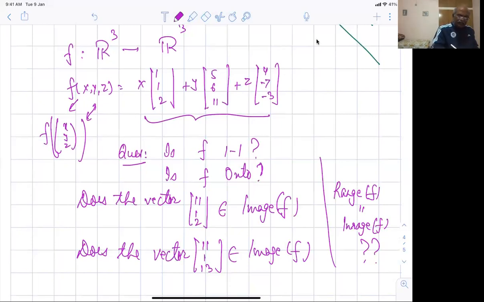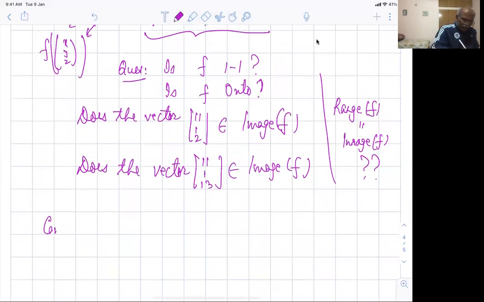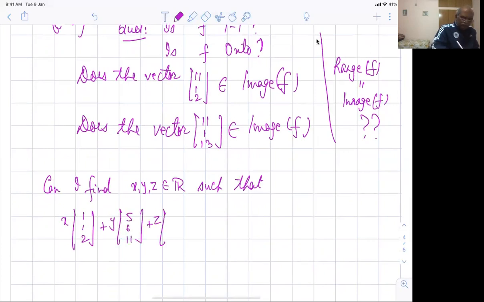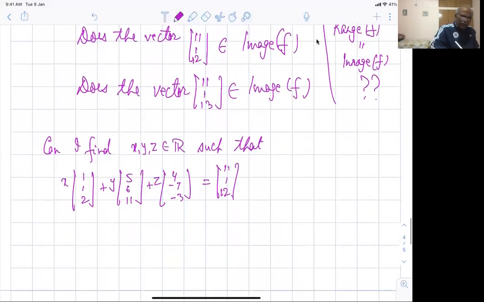If I'm asking whether this vector belongs to the image, it means: can I find x, y, z belonging to R such that x times (1, 1, 2) plus y times (5, 6, 11) plus z times (4, -7, -3) is equal to (11, 1, 12)? I should have written 12 here, not 2. Can I find this?